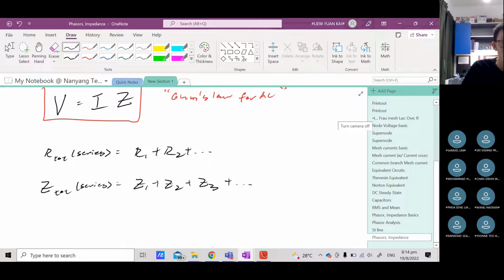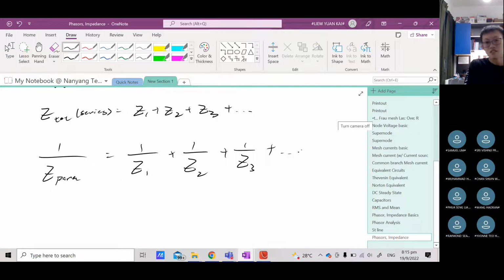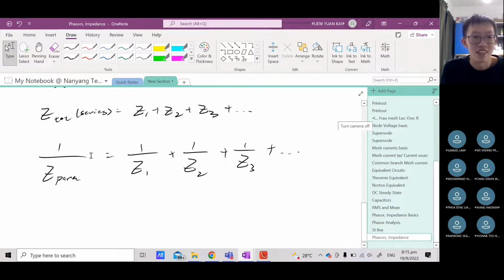See, they're the same thing. And we can also extend this to parallel arrangement. 1 over Z parallel, I'm just going to call it para, so 1 over Z para is equal to 1 over Z1 plus 1 over Z2 plus 1 over Z3 and so on. So they're also following what we've already known since secondary school, correct?